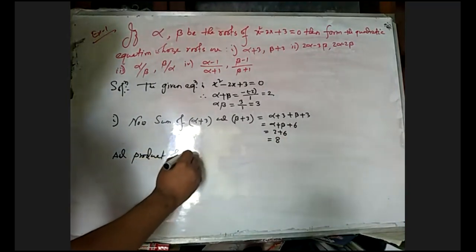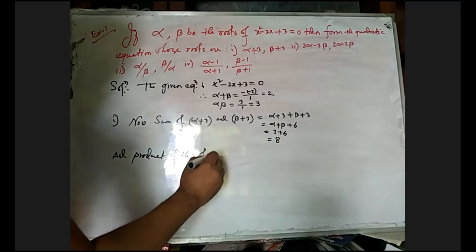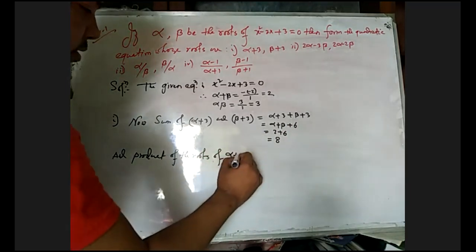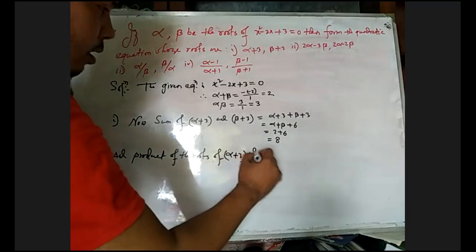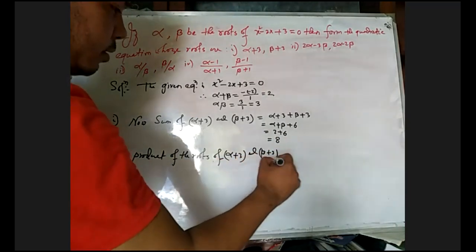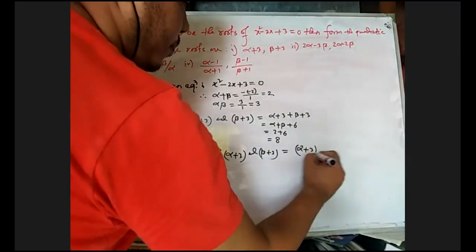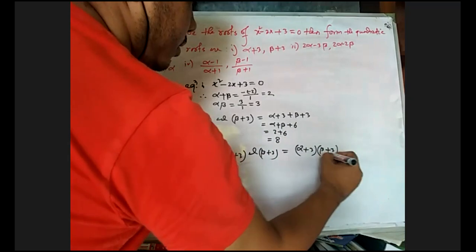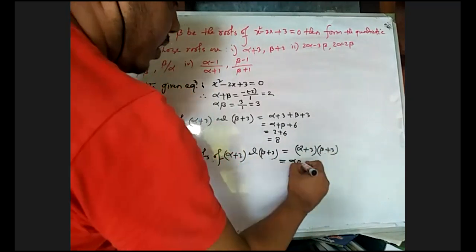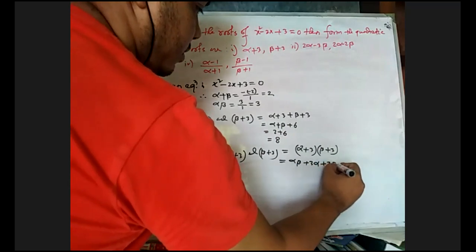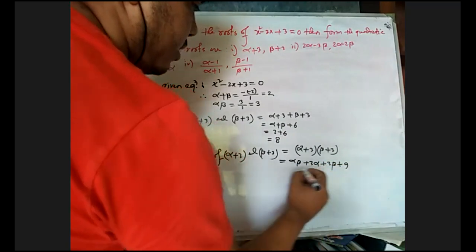Okay, and the product of the roots alpha plus 3 and beta plus 3. So the product of these two roots will be alpha plus 3 into beta plus 3. Just multiplication: alpha into beta plus 3 alpha plus 3 beta plus 9.